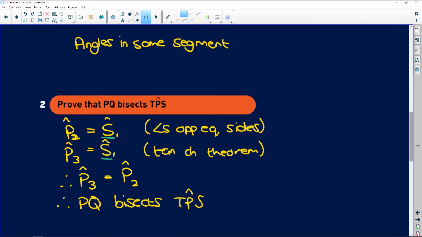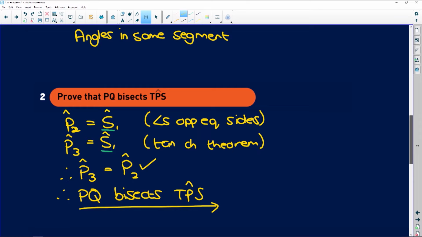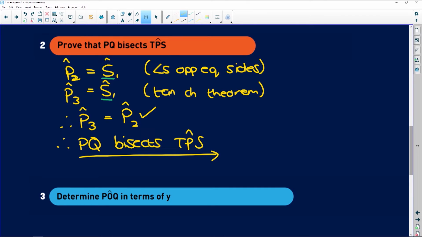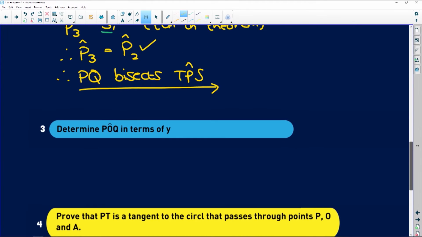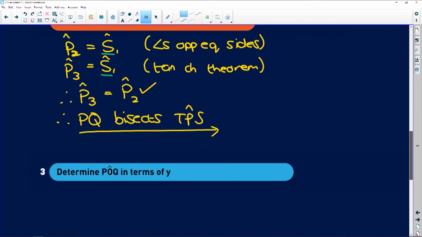That last line is probably not even necessary, but it shows that you're answering the question. If you prove that those two angles are equal, you've proved that bisected angle. So make sure that if you're bisecting an angle, you prove the two angles that make up that angle are equal to each other. Then it says determine POQ in terms of y.